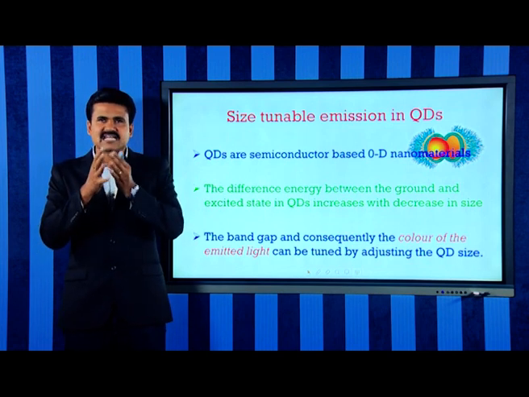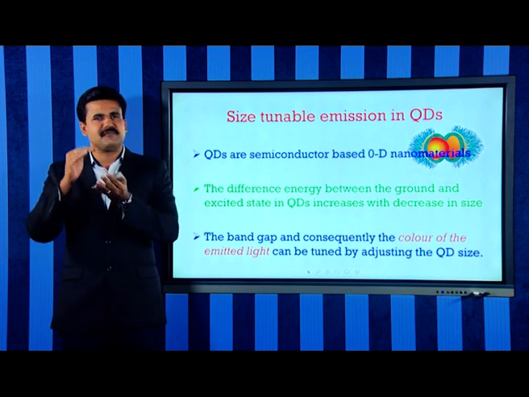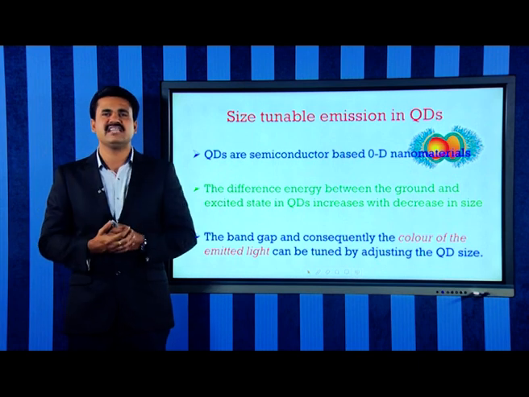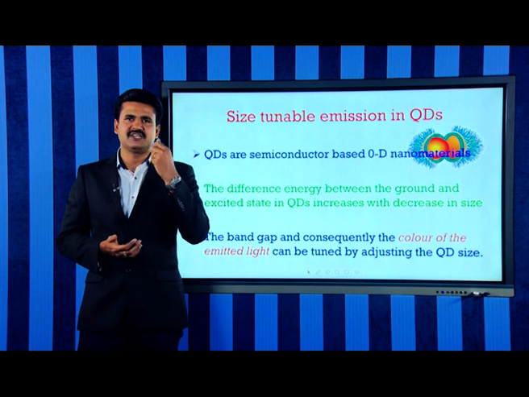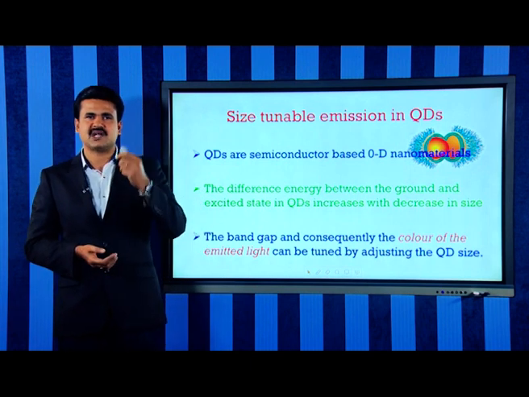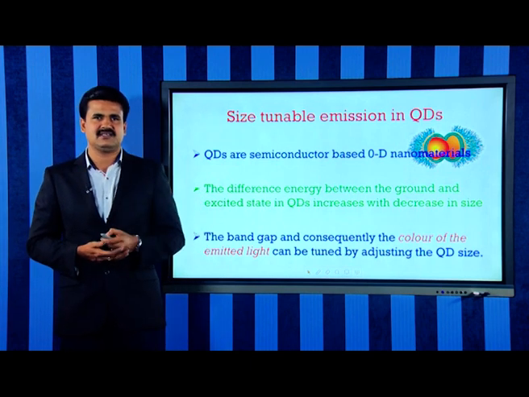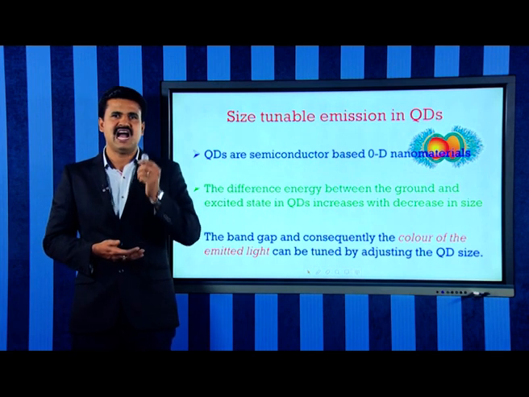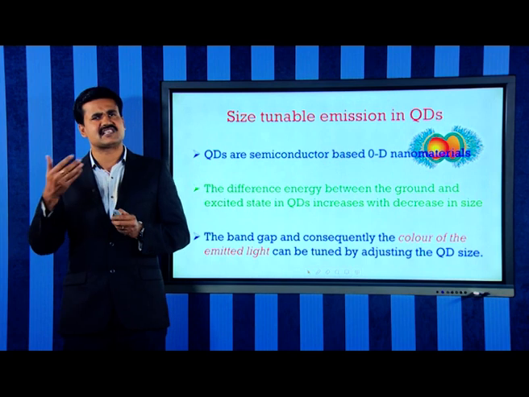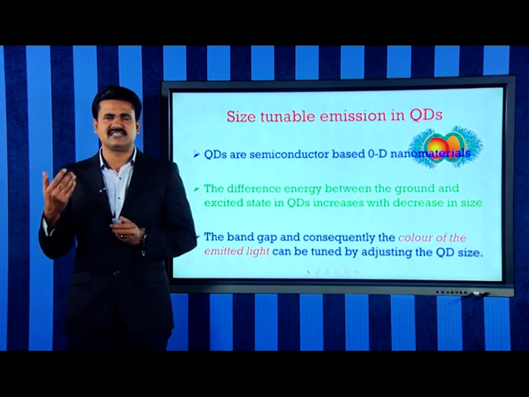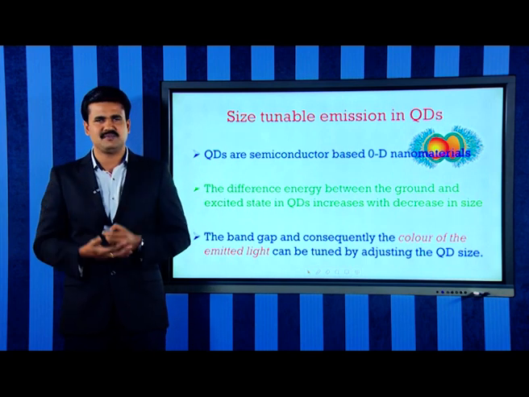If you increase the size, the energy gap will decrease since energy is inversely proportional to edge length. The band gap and consequently the color of the emitted light can be tuned by adjusting the quantum dot size. This is possible in every other type of materials, also in 2D materials.